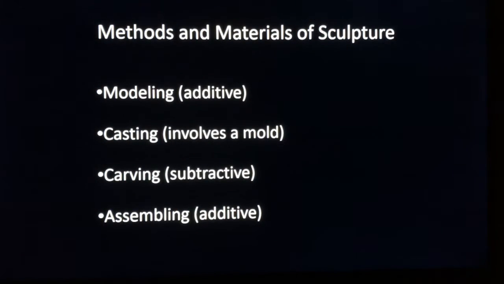So with sculpture, remember we had 4 major categories, and they were broken up into additive and subtractive, depending on if you were adding material or removing material, like in the case of carving. But modeling, the first one there, it's additive.